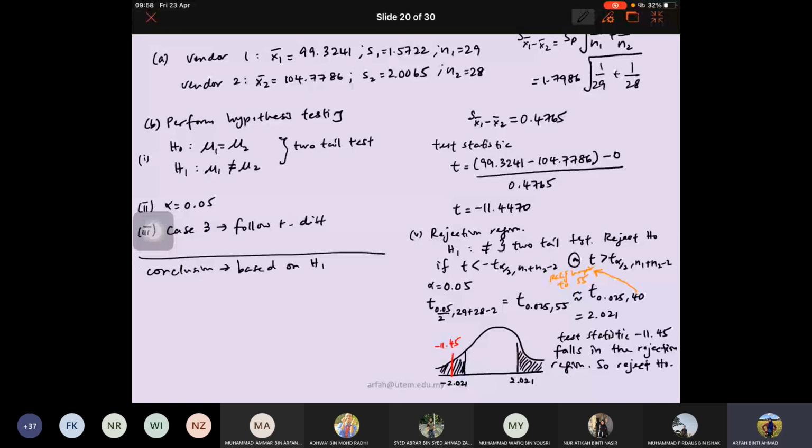So we can conclude the mean of resistance from vendor 1 is significantly different from the mean resistance of vendor 2.